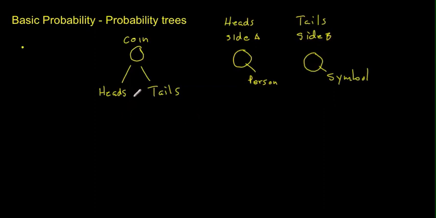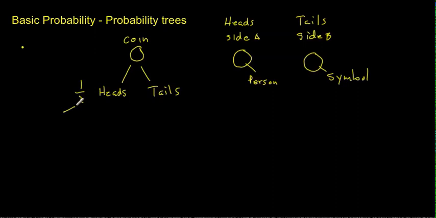Getting back to our conversation, we know that a coin has two sides, and one side is heads and one side is tails. You can't have anything else other than that. Since there are two possibilities, if we were to describe the possibility of getting heads as a fraction, we would say it would be 1 over 2.